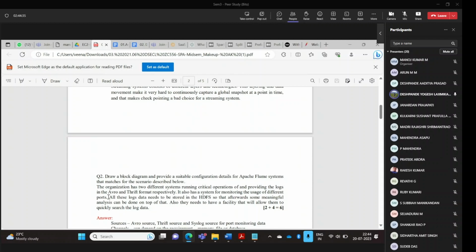It also has a system for monitoring the usage of the different ports. So basically, they are talking about ports monitoring.